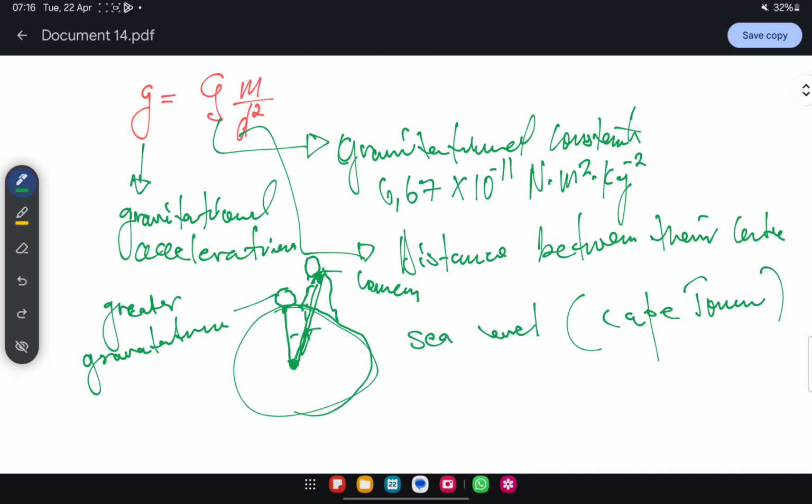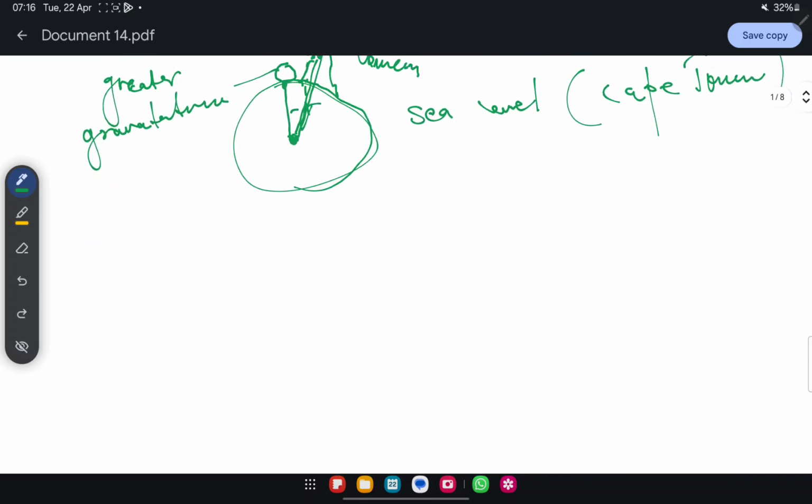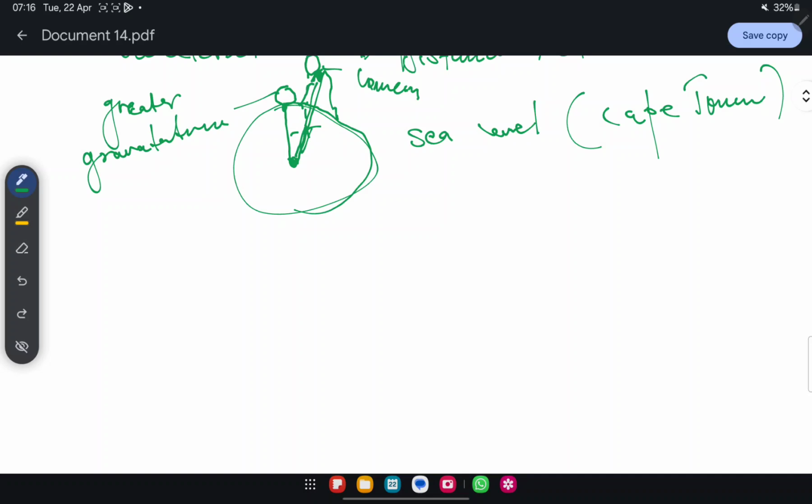Then you have to know that the value of G on other nearby planets can be calculated in a similar way using the mass of the planet and the radius of the planet, because you may be asked to calculate the gravitational acceleration maybe on Mars, which is a nearby planet, or the moon.